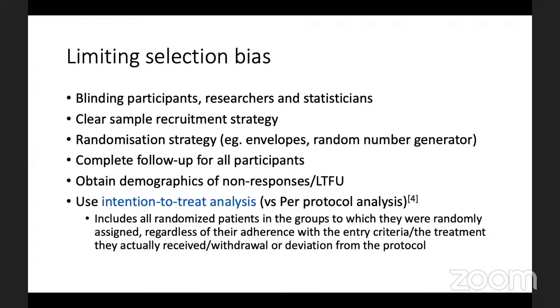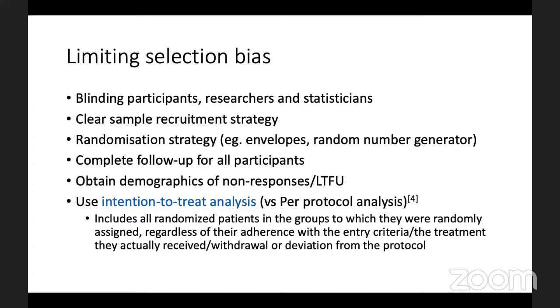So to avoid these pitfalls, studies need to use the intention to treat analysis, which is where you analyze all randomized patients in the groups they were originally randomly assigned to, regardless of the treatment they actually received or their withdrawal or deviation from the protocol. So in a randomized controlled trial, you need to check that the analysis was done as intention to treat.